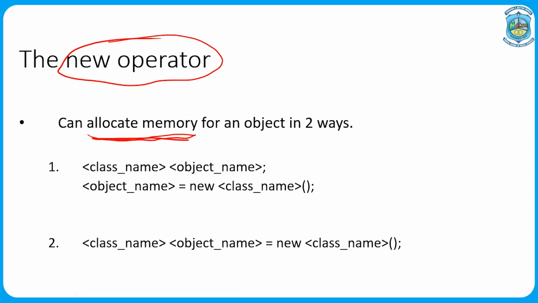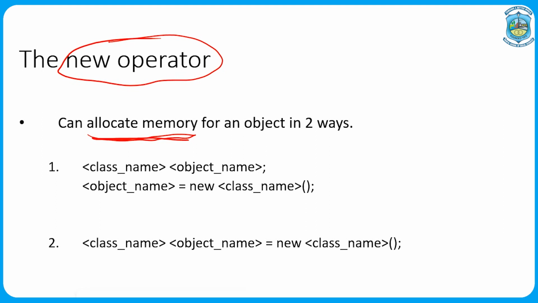We can use this new operator in two ways. The first way is class name, then object name, terminated with a semicolon. Then object name is equal to new class name, parentheses, with a semicolon. I am taking one example.